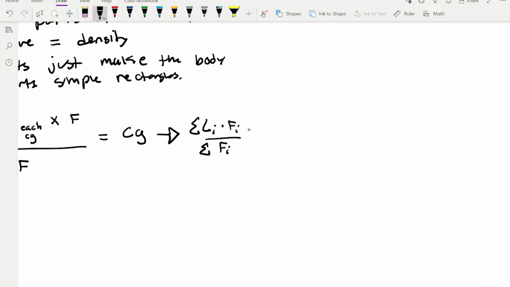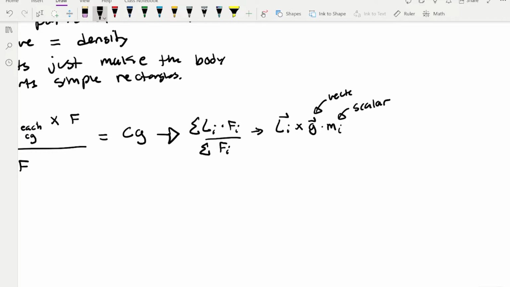And one thing common to all these forces is this idea that gravity, the vector gravity, is common to both the top and the bottom. So if you look at that, that's going to be like Li cross gravity, right, times some mass i, right? And mass is a scalar.